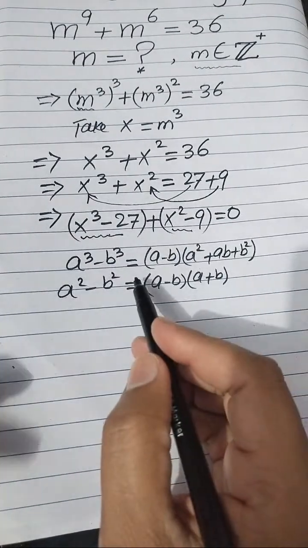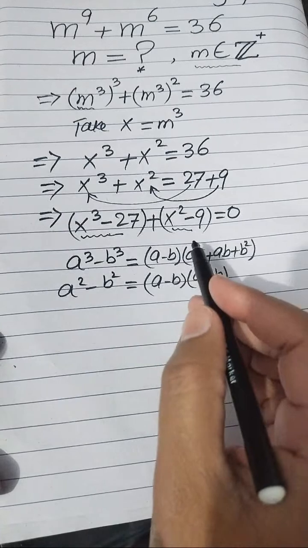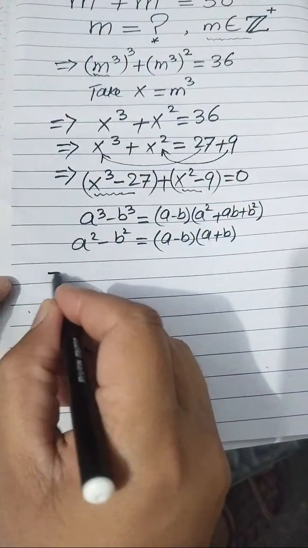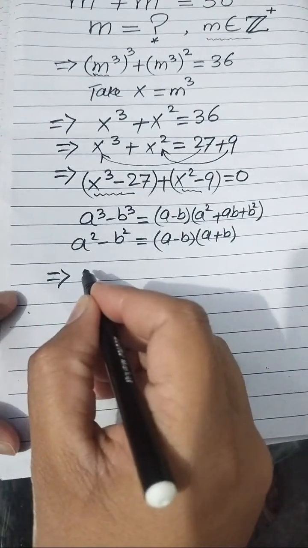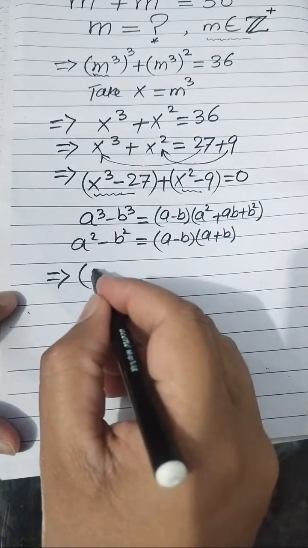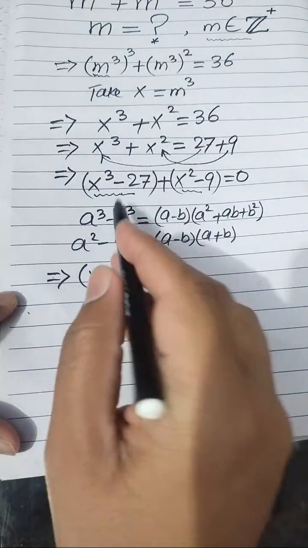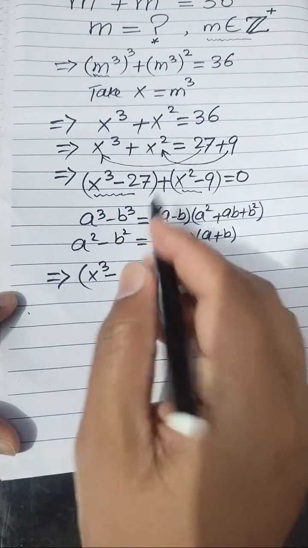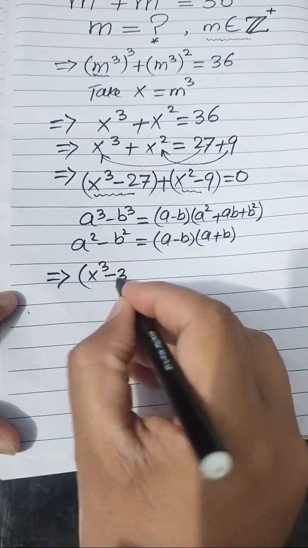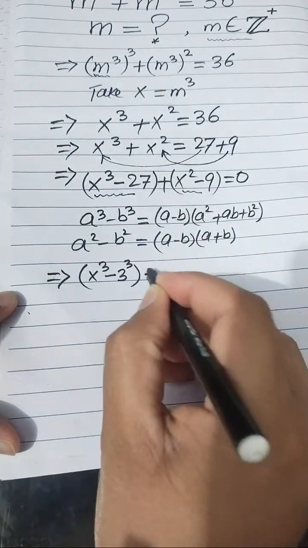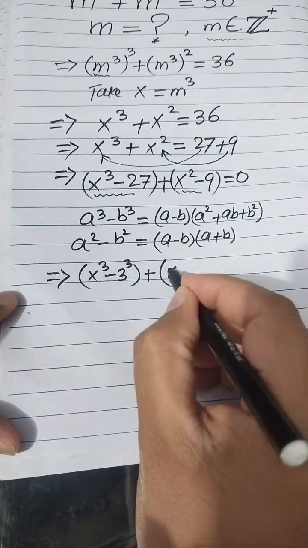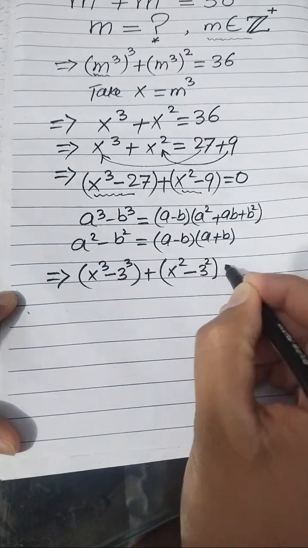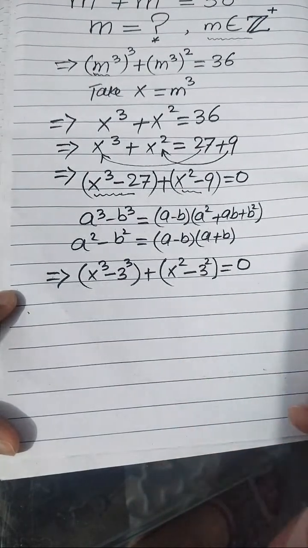Now we can apply both formulas. We can write this equation as x cubed minus 3 cubed, since 27 is 3 cubed, plus x squared minus 3 squared, since 9 is 3 squared, is equal to 0.